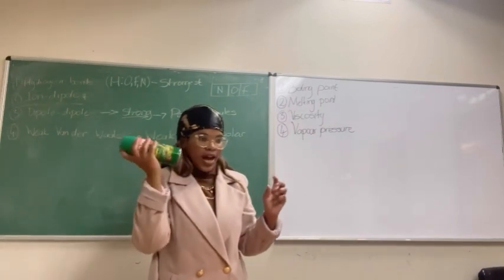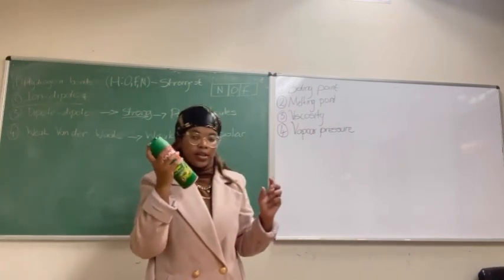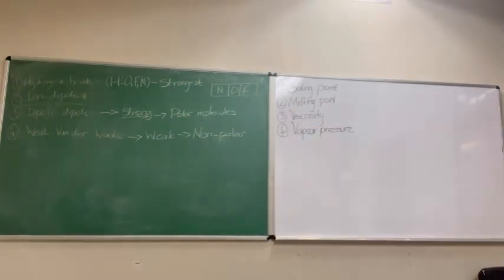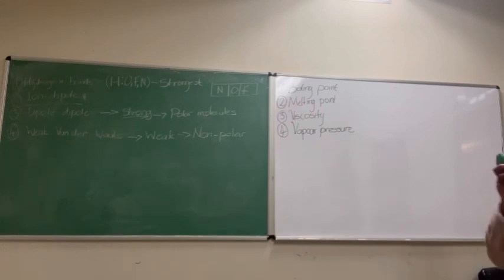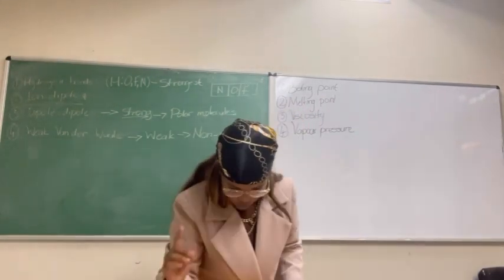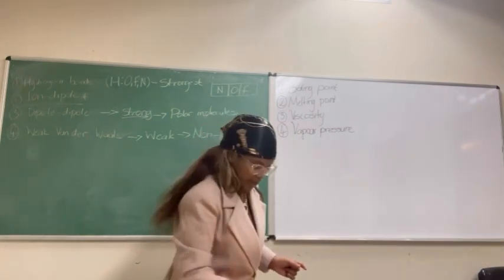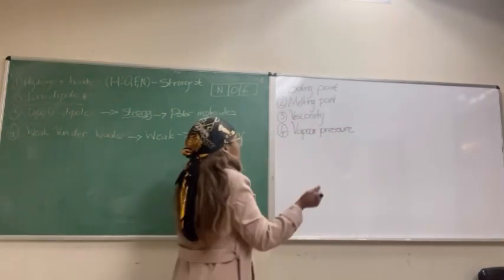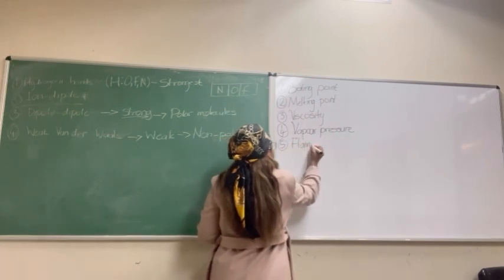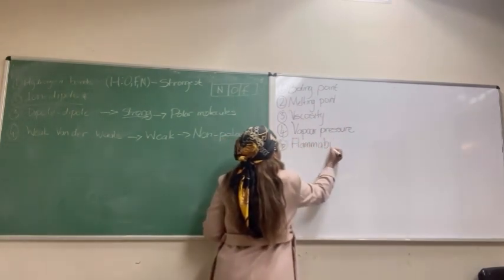So this has a very high vapor pressure. And can you read this part for me? What does this say next to safety information? Highly flammable. Right, so this is extremely flammable. So that brings me to the next point, which is flammability.